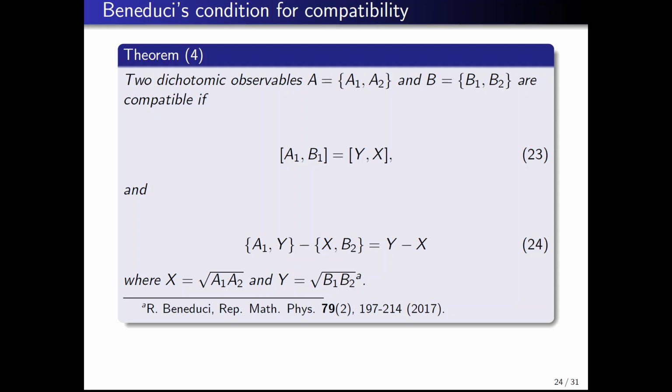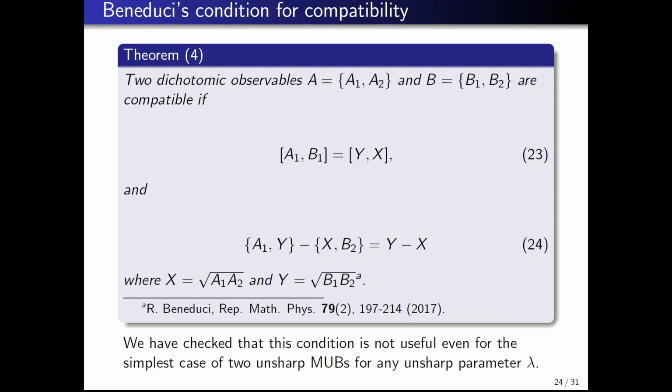For two dichotomic observables, Beneduci derived a sufficiency condition for compatibility. We have checked that this condition is not useful even for two unsharp MUBs for any unsharpness parameter.